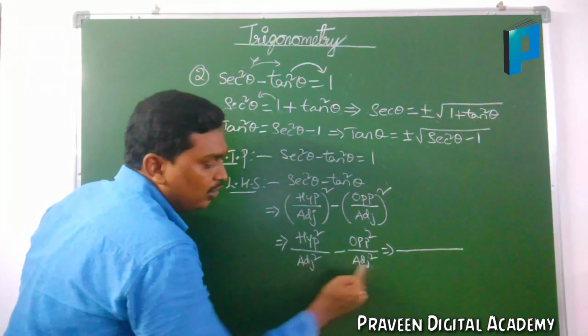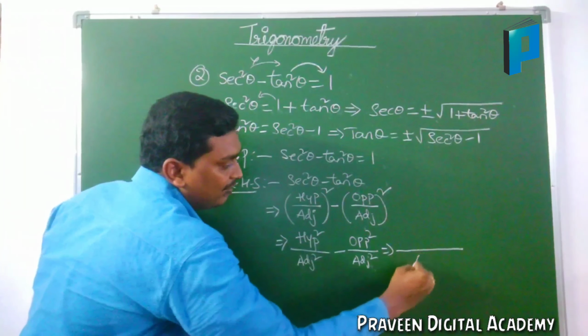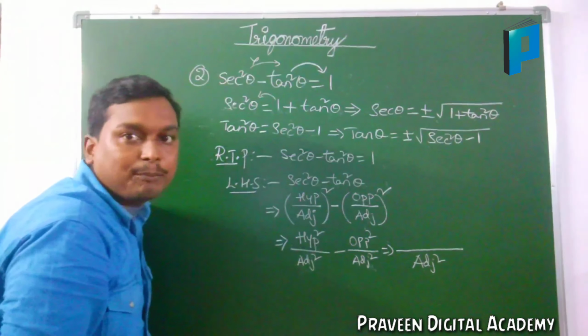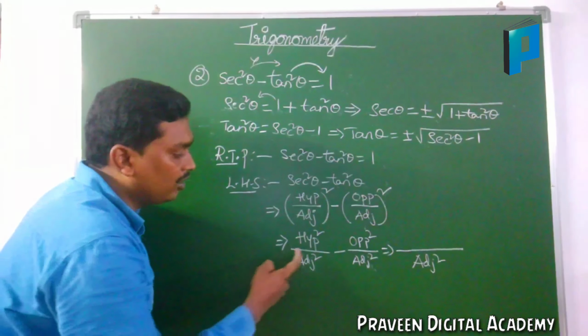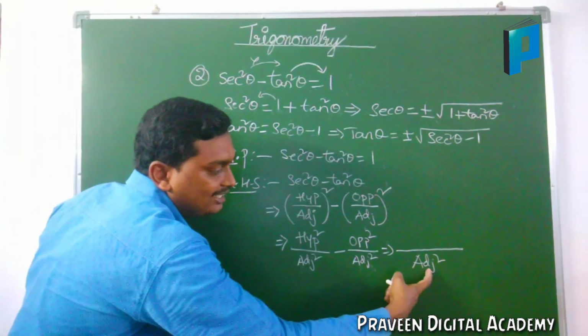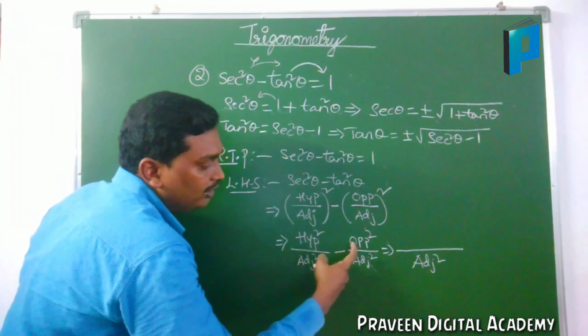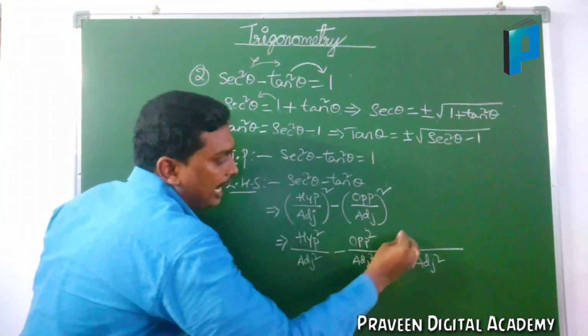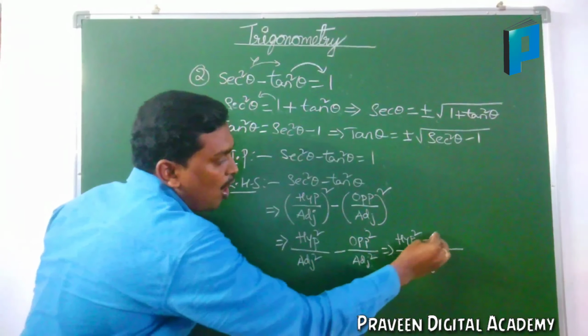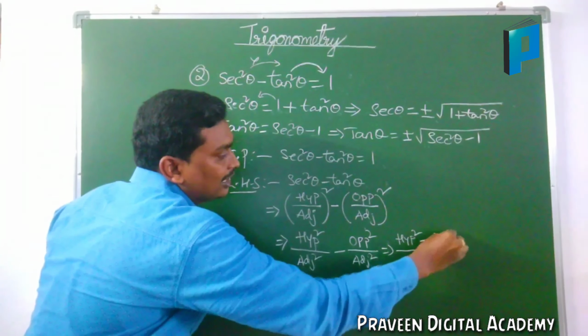What do we do when the denominators are equal in the fraction? Directly we can add or subtract the numerators. Here adjacent square is there, here also adjacent square is there, so I wrote adjacent square. What is the numerator we have here? Hypotenuse square minus opposite square.